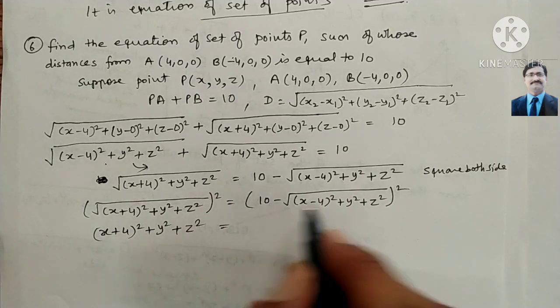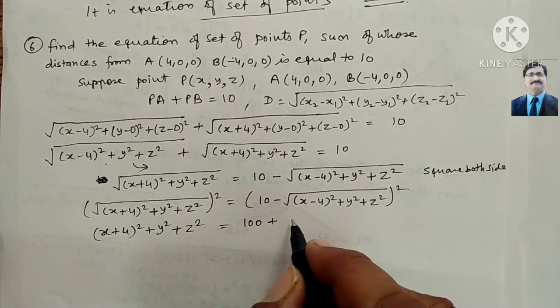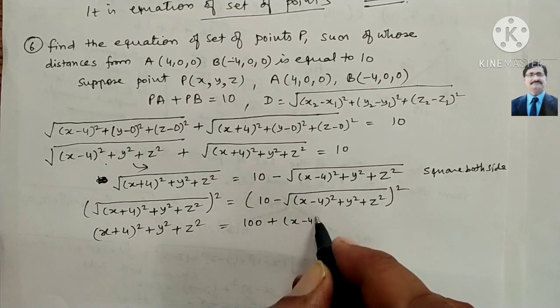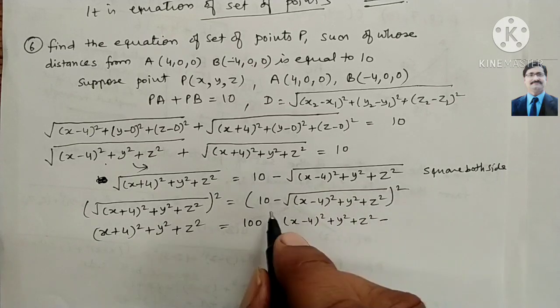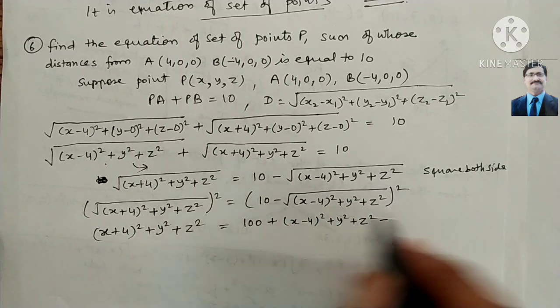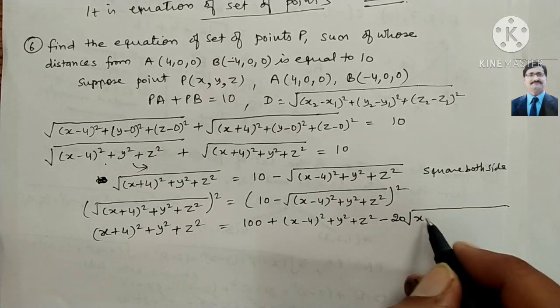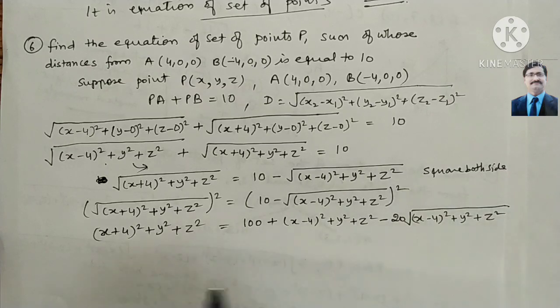Here we use (a minus b) whole square, which is a square plus b square minus 2ab. The square of this will be (x minus 4) square plus y square plus z square, and 2ab means 2 into 10 is 20, and b is root of (x minus 4) whole square plus y square plus z square.